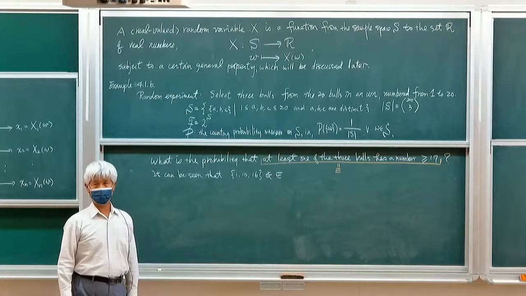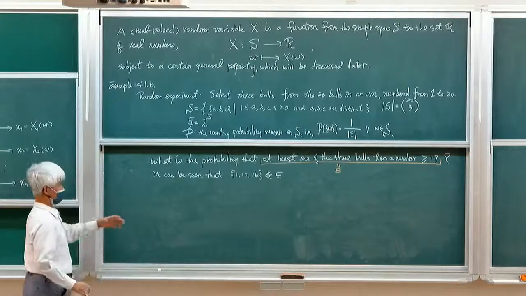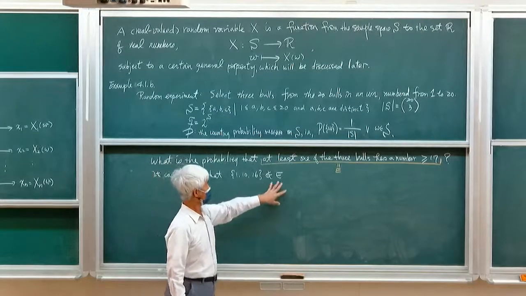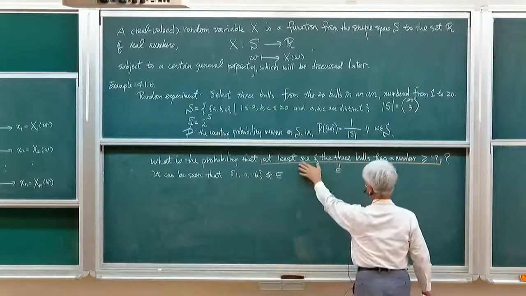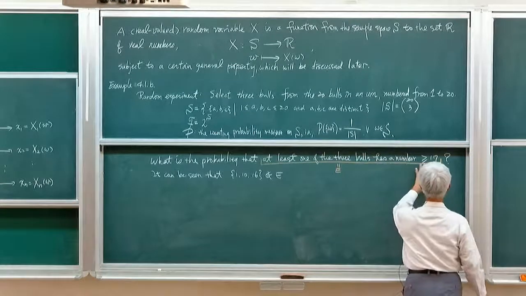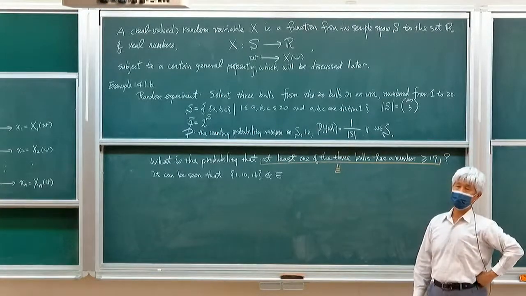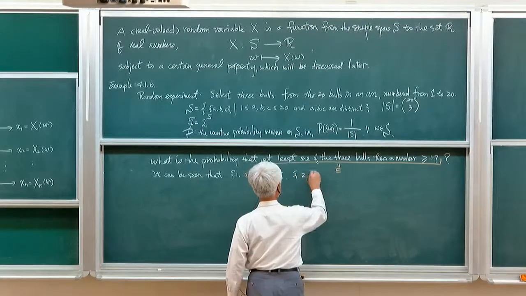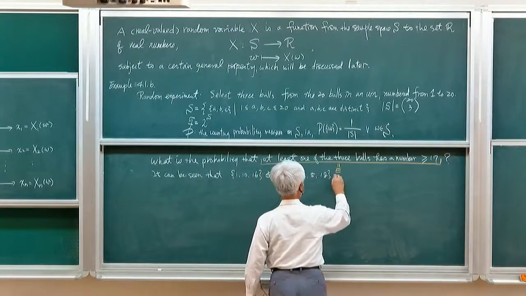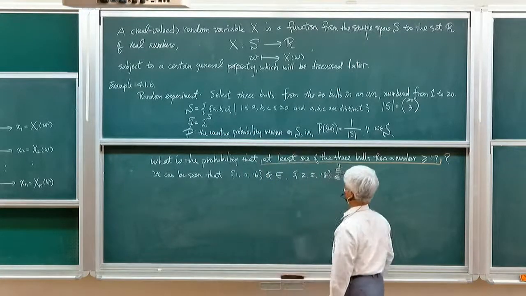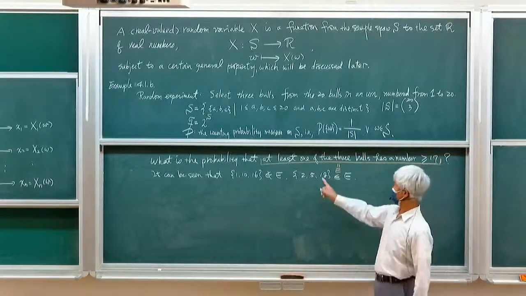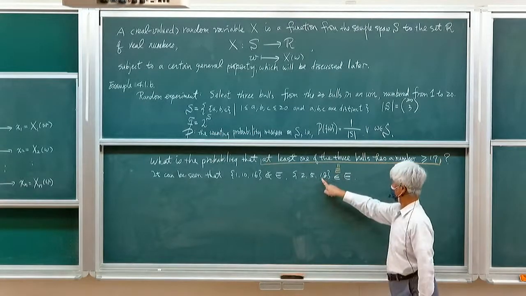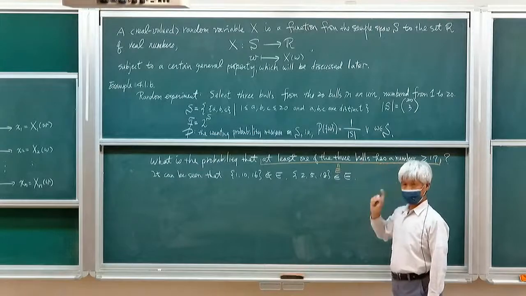If the selected 3 balls are 1, 10, 16, then because the event says that at least one of the 3 balls has a number greater than or equal to 17, it is not in E. But clearly, 2, 5, 18 is in E, because 18 is greater than or equal to 17.